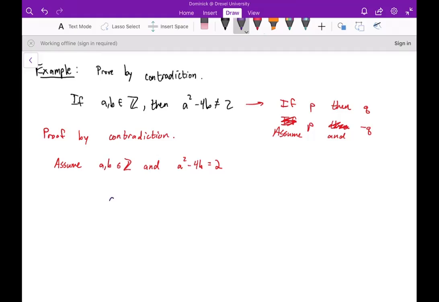So we're going to get that a squared equals 2 plus 4b, right? Now, what we could do is take a 2 out of this. So we get a squared is equal to 2 times (1 plus 2b). And this would show that a squared is even, right, since it's divisible by 2.